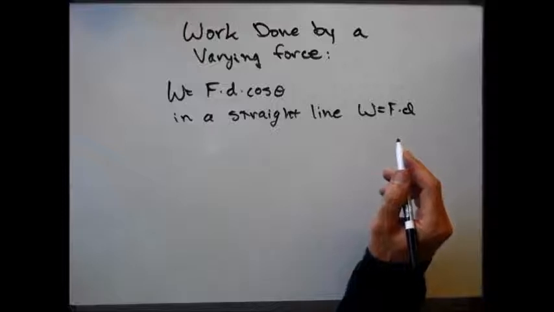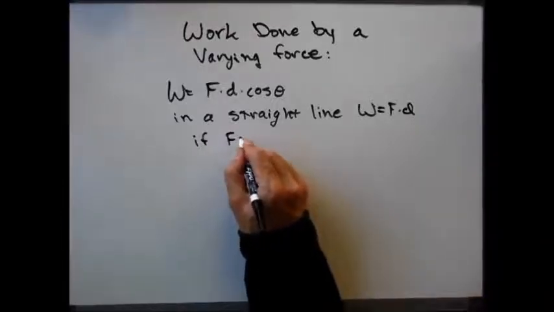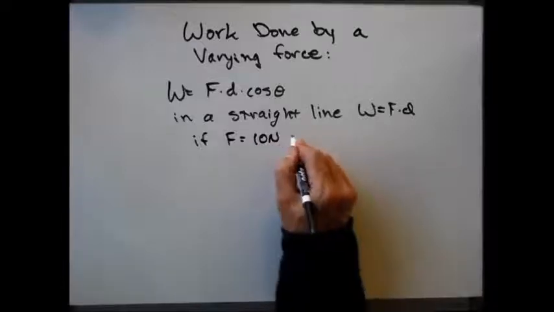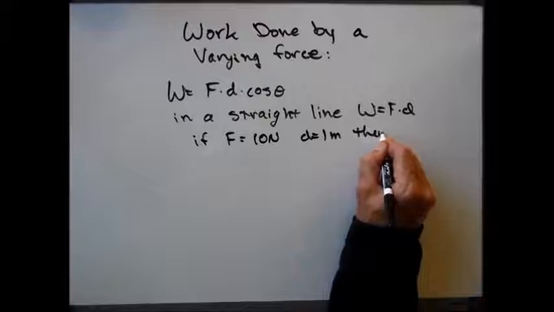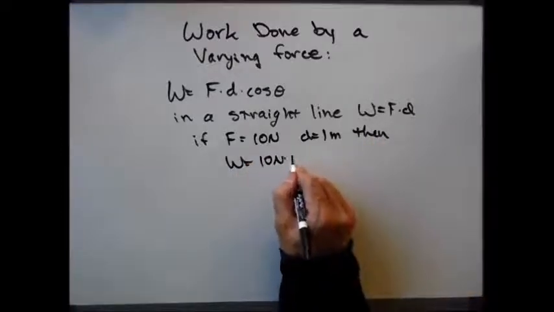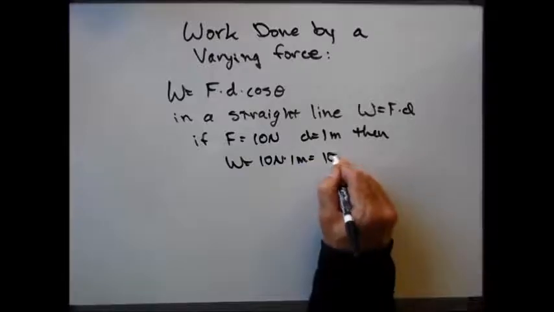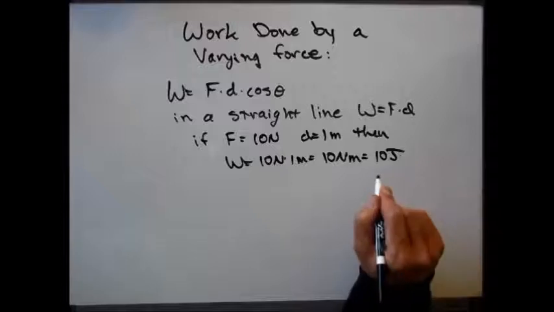And so in the previous problem, we said, well, you know, if F equals 10 newtons, right, and D is equal to 1 meter, then the work done is just 10 newtons times 1 meter, or 10 newton meters, which is 10 joules.